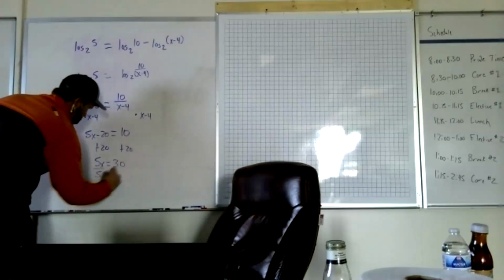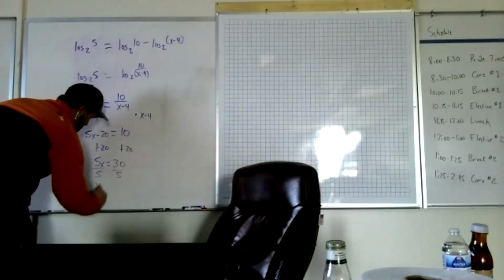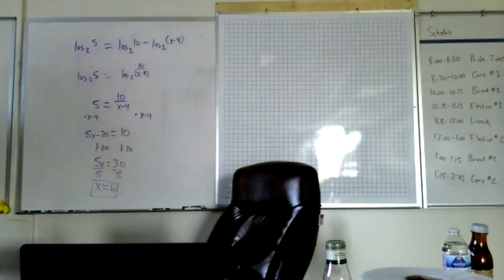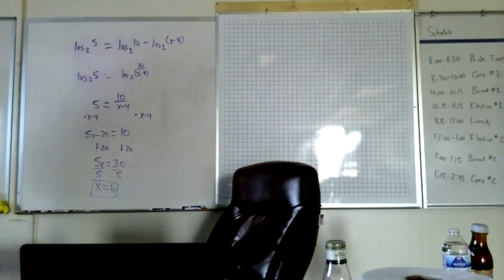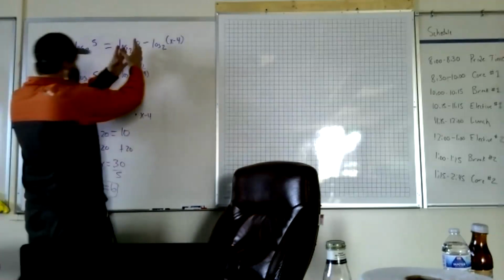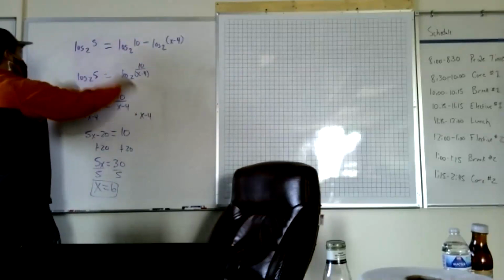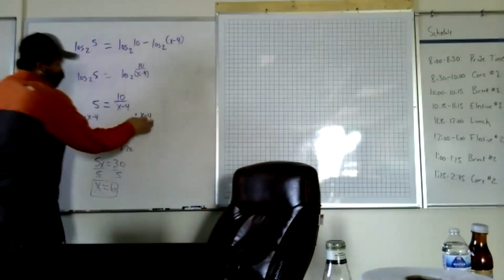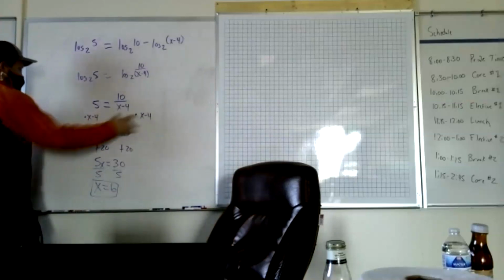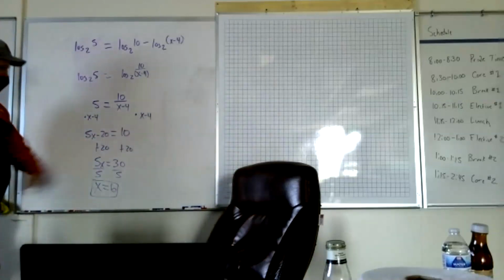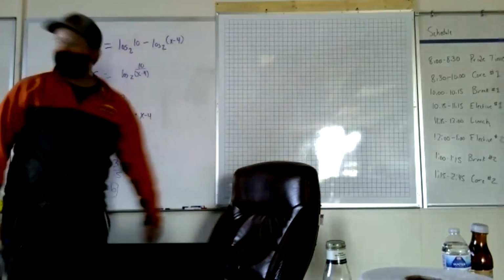Divide by 5 on both sides gives me x is equal to 6. So I condense it, the one-to-one property of logarithms allows me to drop the logarithms, then multiply both sides by x minus 4, add 20 on both sides, divide by 5, and get x is equal to 6.